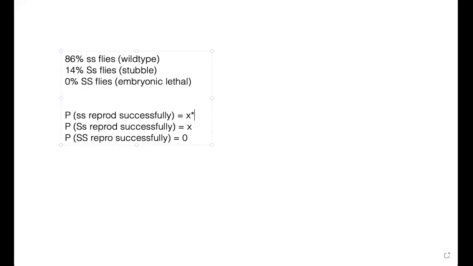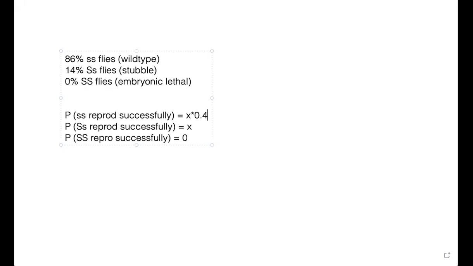And the probability of the experimenter doing that is 0.6, and the inverse of that is 0.4. So the probability of a big S fly reproducing successfully is 0.